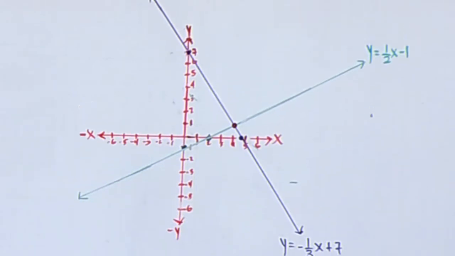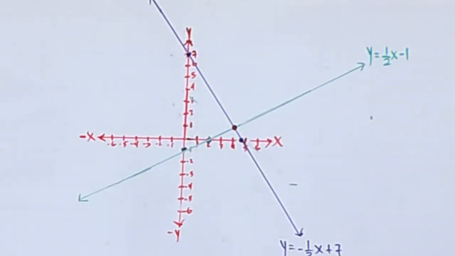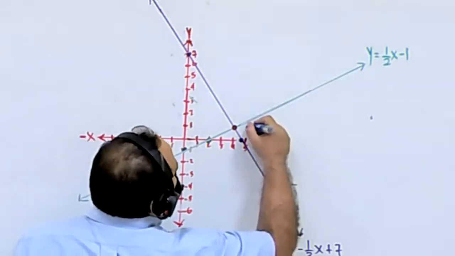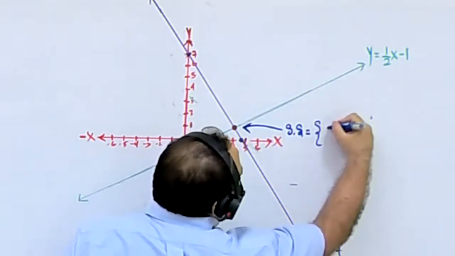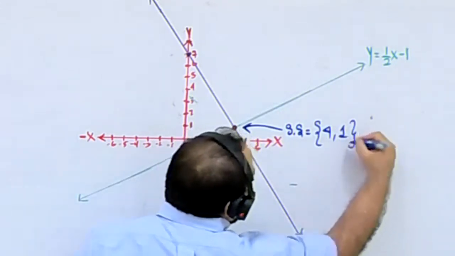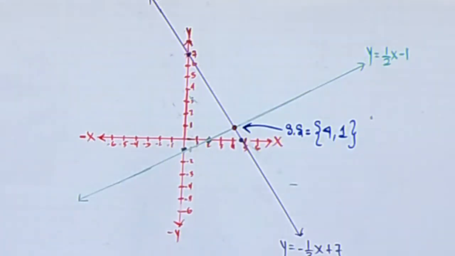And would you like to tell me what will be that solution set or the intersection point between these 2 lines? Exactly. 4 in x and 1 in the y-axis. I mean, that solution set is 4 with 1. And that's it. That's all that we have to do in this system of equations with two variables using the graphical technique.